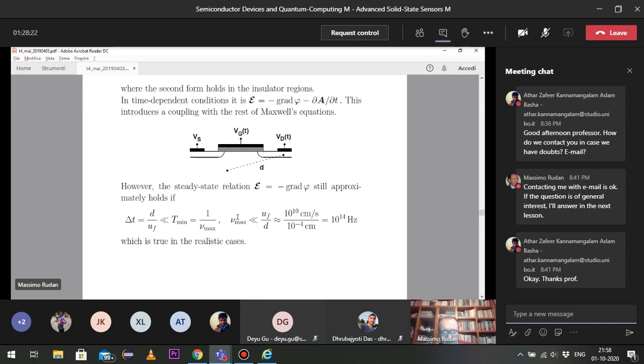Okay, 10 to the 14th hertz is enormous, around the visible range of the electromagnetic radiation, but the signals applied to the contacts of integrated circuits are now in the range of gigahertz. So they are many orders of magnitude smaller than that.